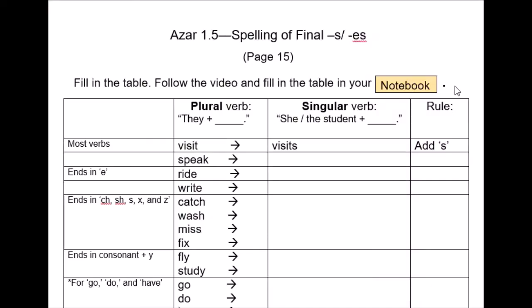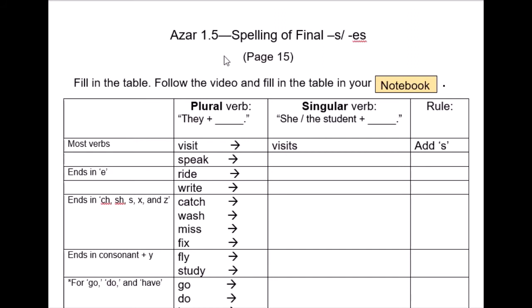Okay, so we just did singular and plural nouns, and now we need to practice spelling of final plural spelling. So it means when you have S and ES at the end of nouns and at the end of verbs, we have to spell it correctly. There are some rules, okay?